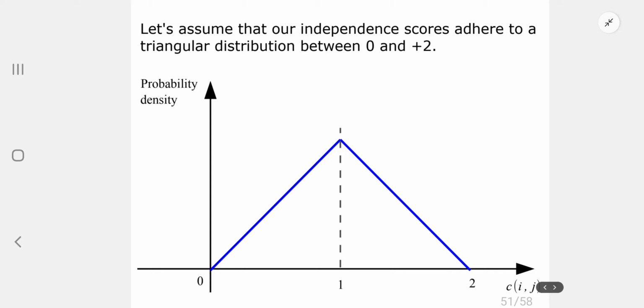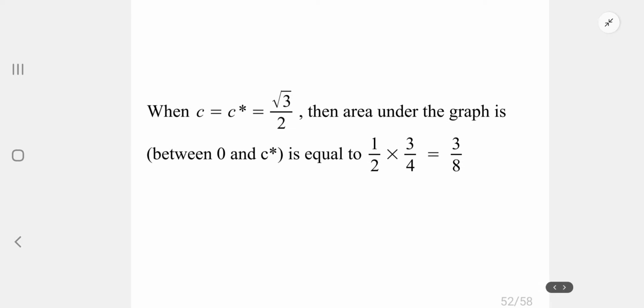Let's assume that our independence scores adhere to a triangular distribution between 0 and plus 2. When C equals C star, which equals the square root of 3 divided by 2, then the area under the graph between 0 and C hat is equal to a half times 3 over 4, which equals 3 over 8.